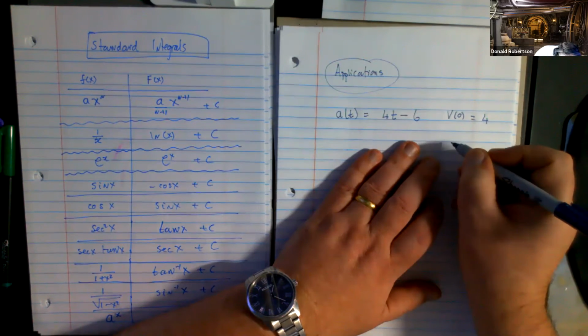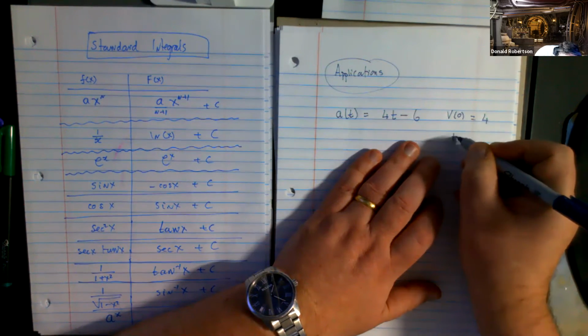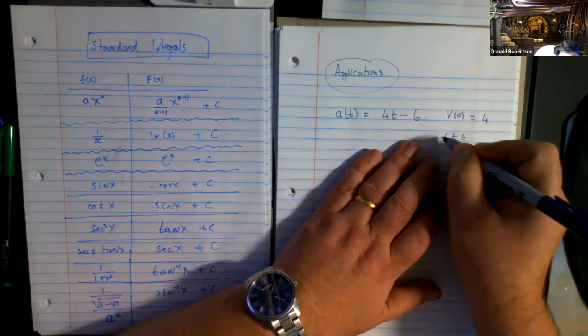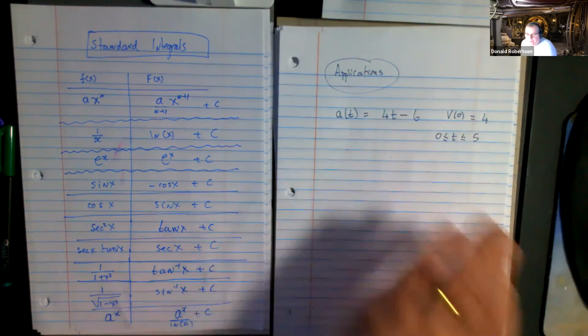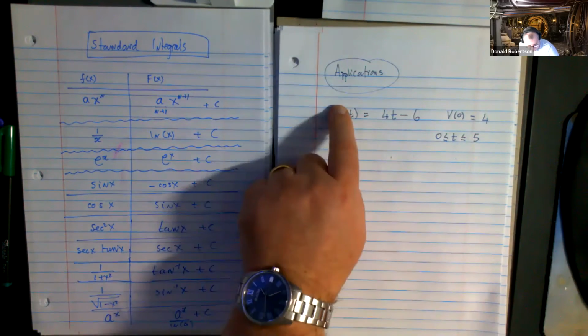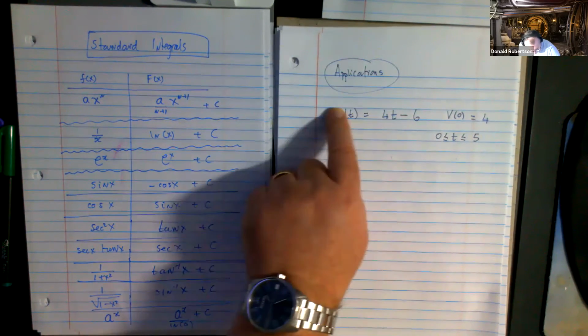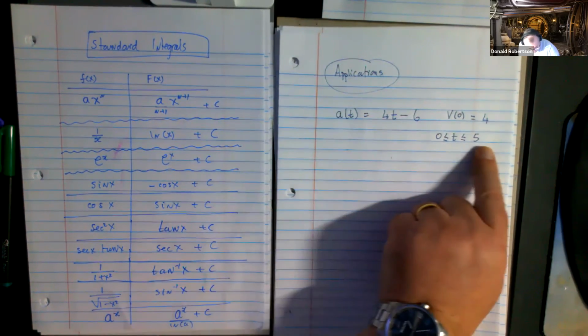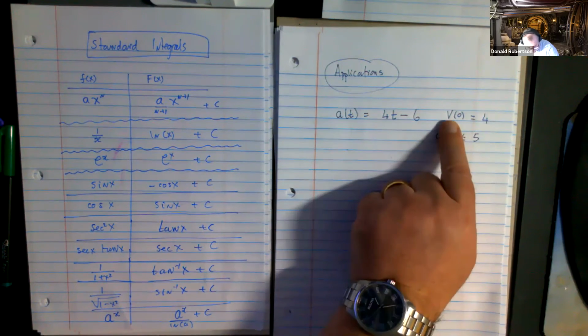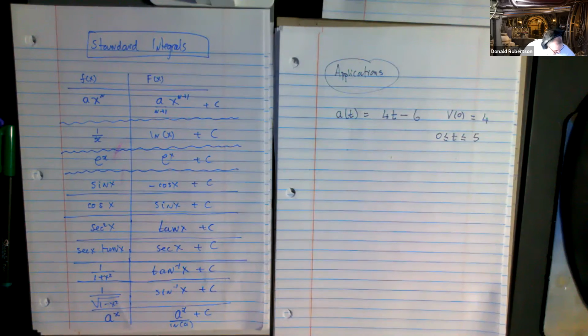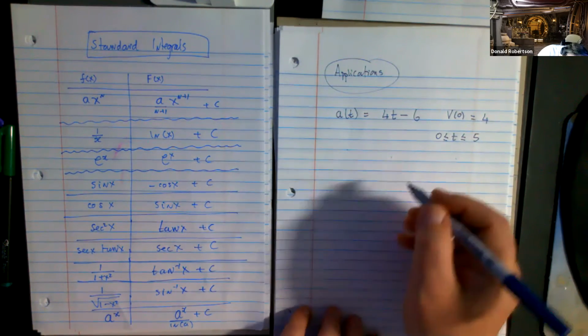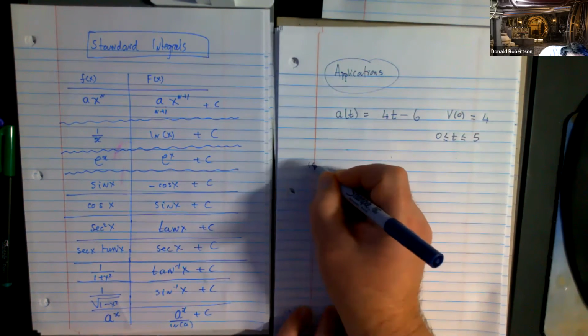And you're also told that in this model, we're only looking at what the thing is doing in the first 5 seconds of its life. So this is the acceleration of this moving object for the first 5 seconds of its life, and the velocity at 0 is 4. And from only that information, we can answer these 2 questions.